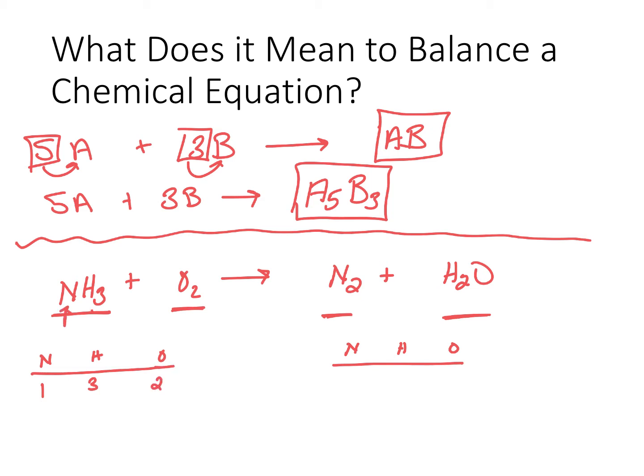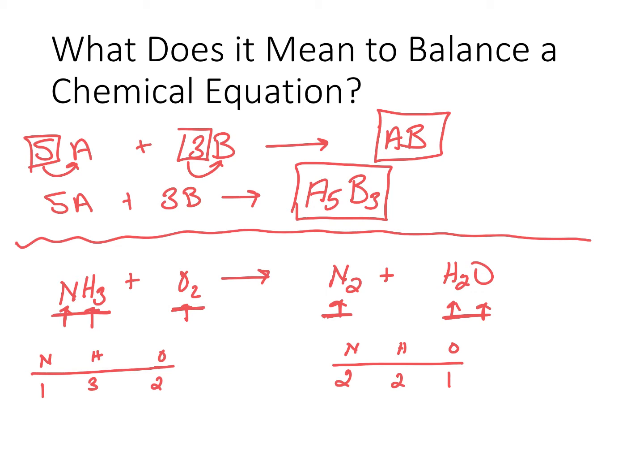So 1 nitrogen, 3 hydrogen, 2 oxygen. On the product side, I have 2 atoms of nitrogen, 2 atoms of hydrogen, and 1 atom of oxygen. These numbers are not the same. The goal for balancing is that these numbers for each atom type are the same.